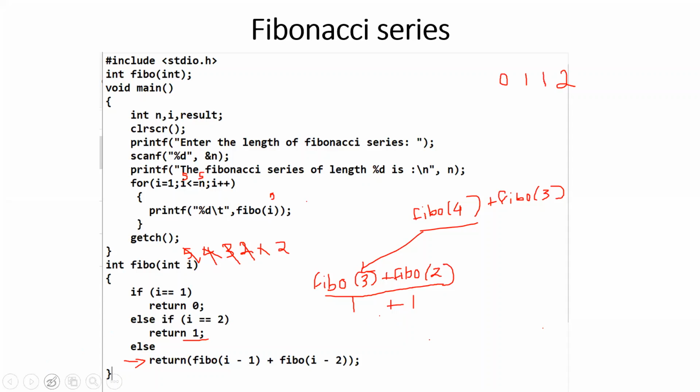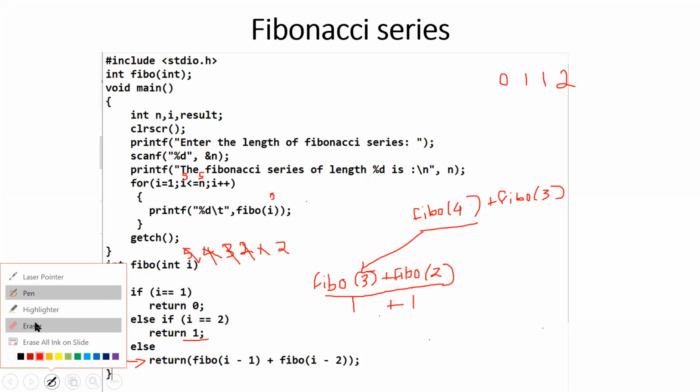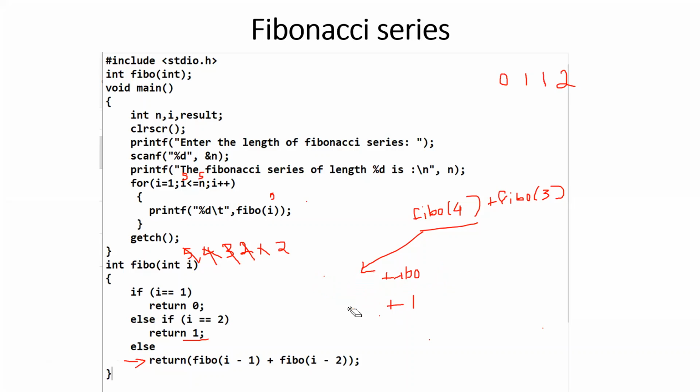Right? Now I'm going to substitute in the previous function call, instead of this part. We got the value of Fibo of 3 plus Fibo of 2 as 2. So we are going to substitute the value of 2 in the previous call. So this part I got as 2 plus Fibo of 3. What is the new value of I? The new value of I is 3.